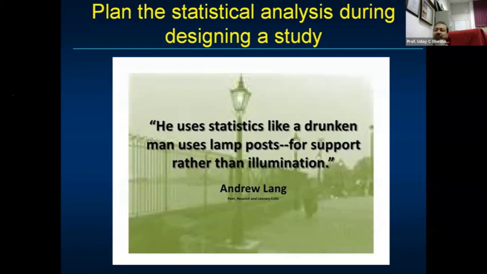So you'll give the number. They will actually check what statistical plan you wrote there and what statistical analysis you did. And from that, they can make out whether you used this lamppost for illumination or for telling a lie, or something which may not be true.